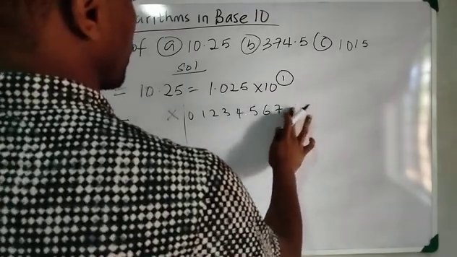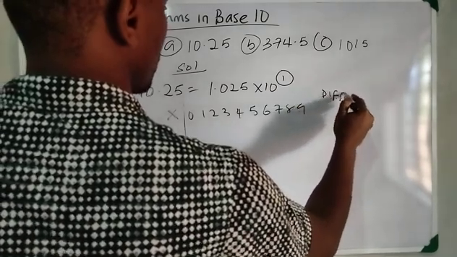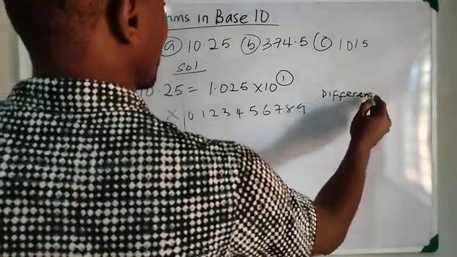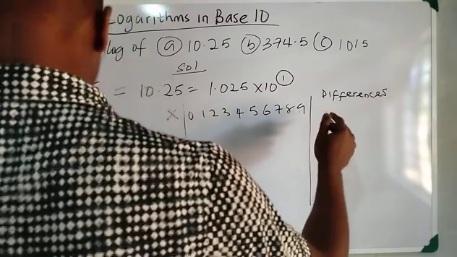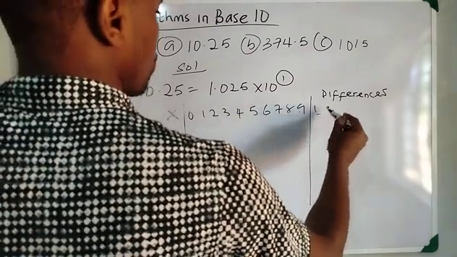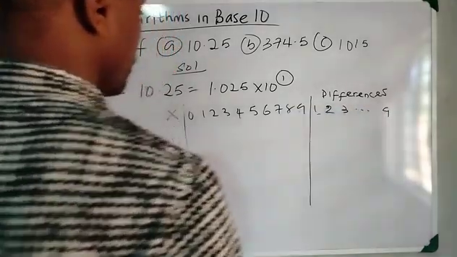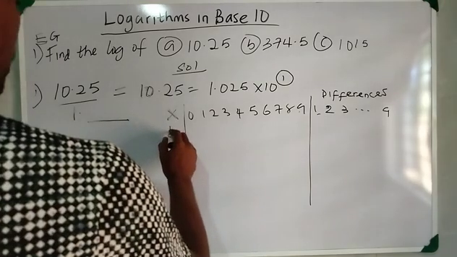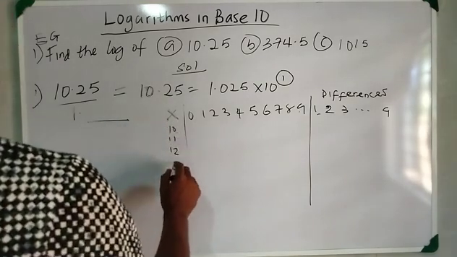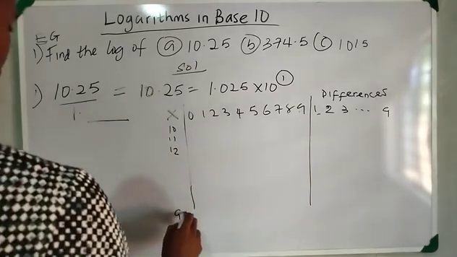Alright? And then you're also going to be having another section that is called the differences. You don't need to memorize this. This is a table that you always have when you are solving. And you have differences also from 1, 2, 3 to 9. Alright? To 9. So, also for this x-axis, it starts from 10, 11, 12, down to the last 2-digit number, which is 99.